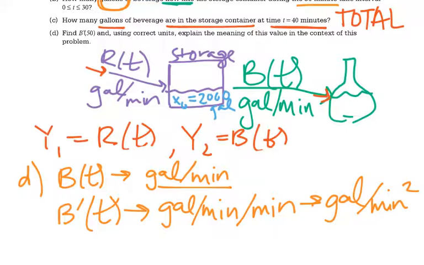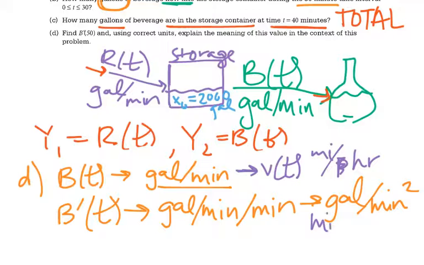This matches up with particle motion. When we do particle motion, let's say b of t here is equivalent sort of like to velocity. Velocity would be in miles per hour. And then b prime of t is like acceleration. So if this is miles per hour, per hour, acceleration is in miles per hour squared, right?